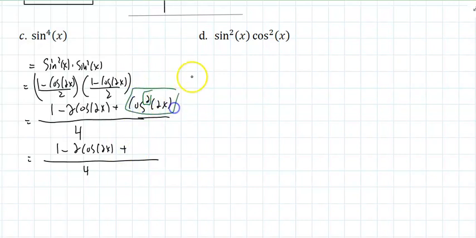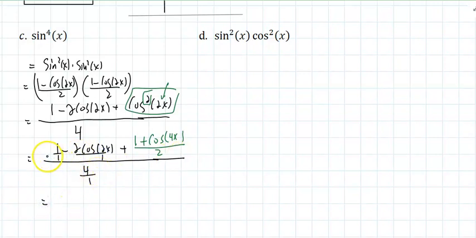I need to reduce this one more time. Cosine squared is 1 plus the cosine of double the angle. If my angle happened to be 2x, what would be double the angle? Isn't that 4x? This is a complex fraction. Those never go away. LCD is a 2.